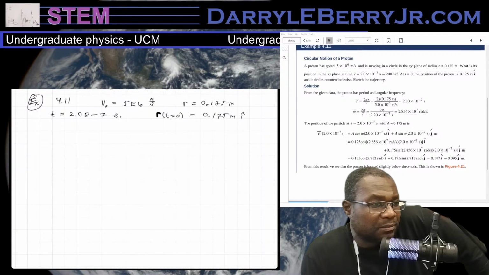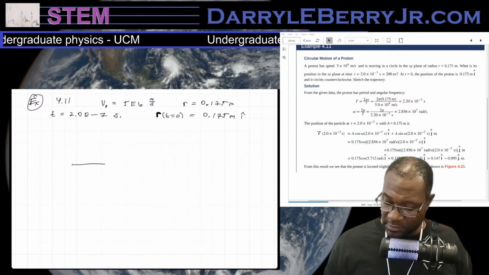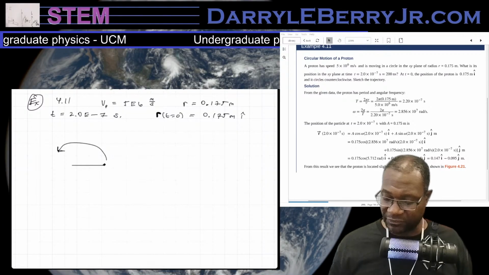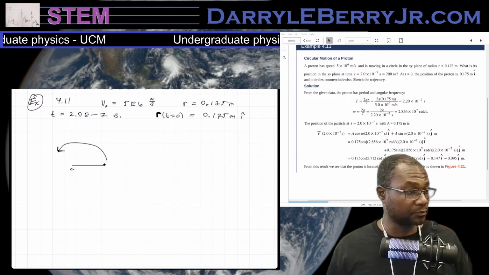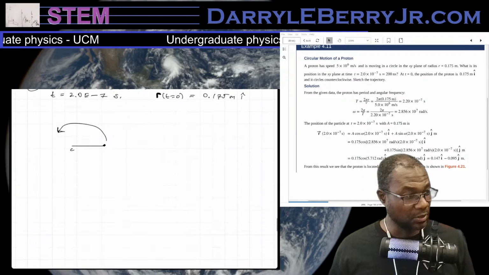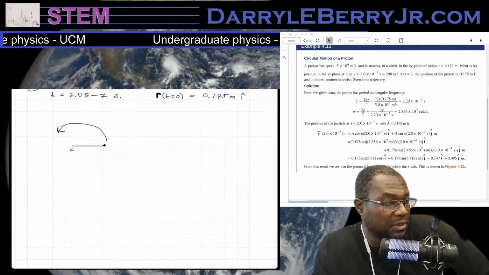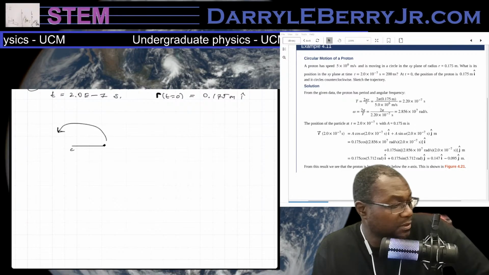So we identify the starting position on the x-axis. We can determine our coordinate system however we like, and the proton is moving that way around the center. So that equation is necessary to figure out the period and thus the angular frequency.